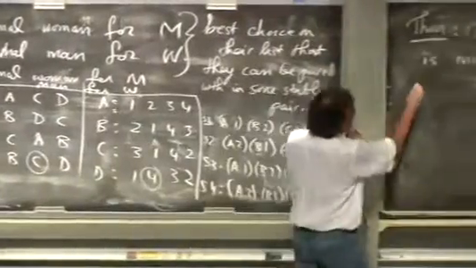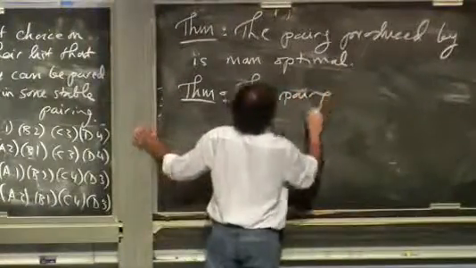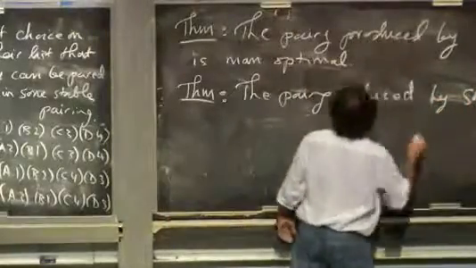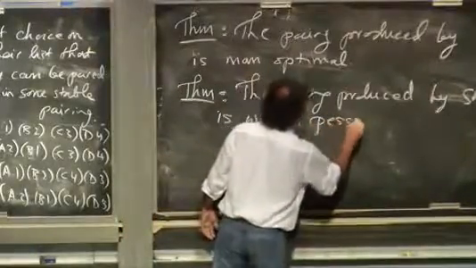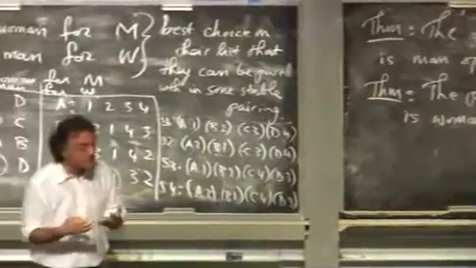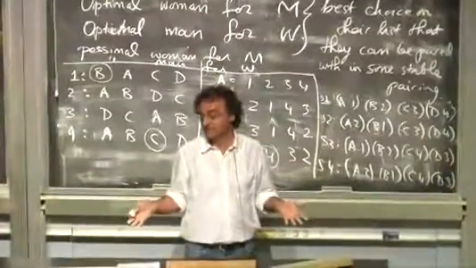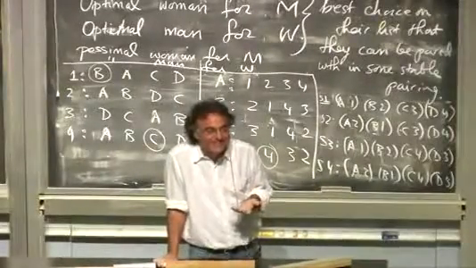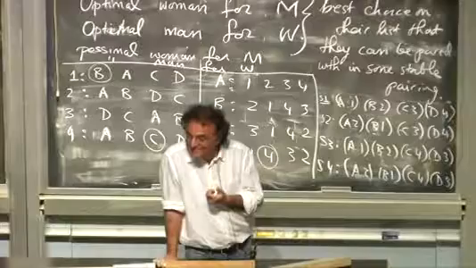So the next theorem says the pairing produced by the stable marriage algorithm is woman pessimal. So what this algorithm produces is every woman gets the worst possible choice she could get under stability. Isn't that scandalous? Isn't that surprising, though? Sexist. Yeah, isn't it?